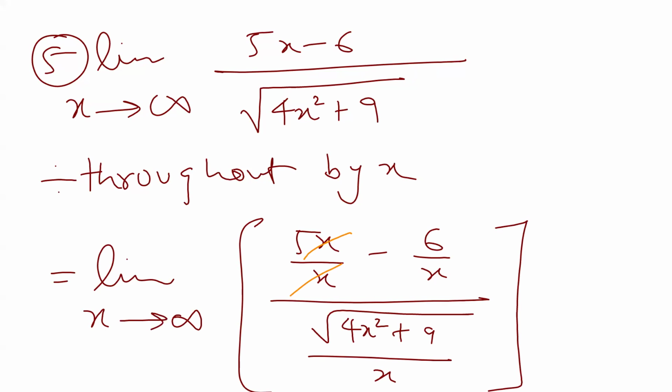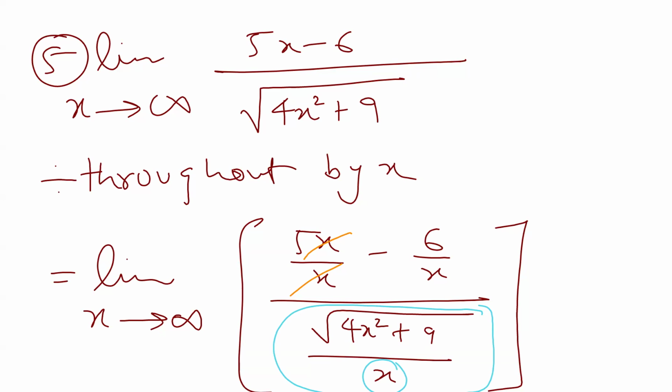Okay, now there is something that you have to learn. Look at the denominator. This x is without root and the numerator has a root. So if I want to send this x within the root, how can I send it?